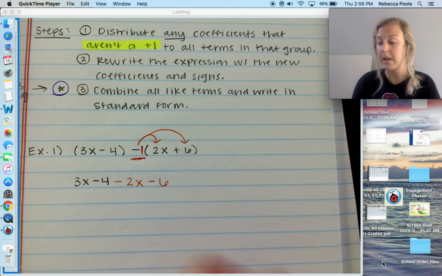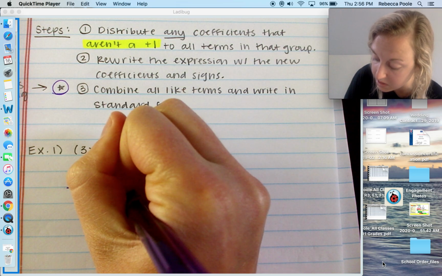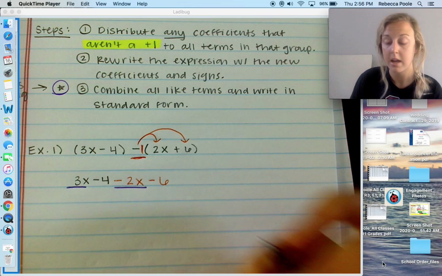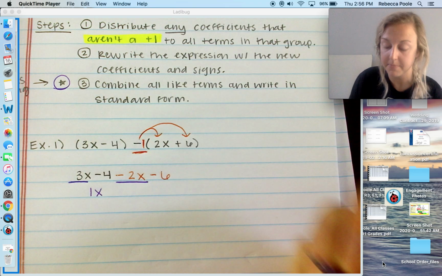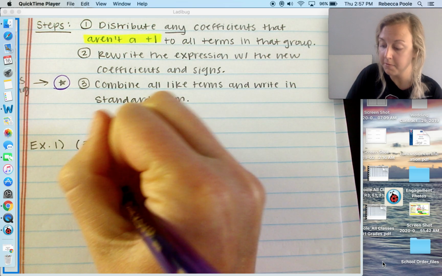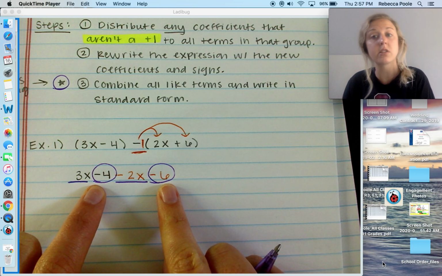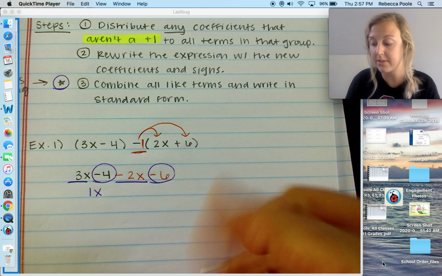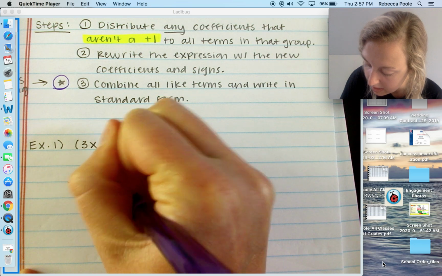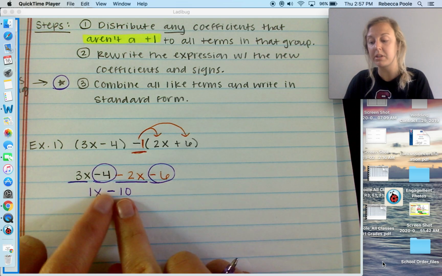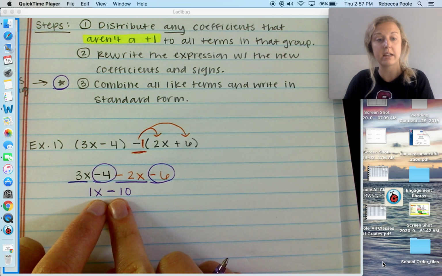okay? So my like terms right here, 3x minus 2x, that's going to give me 1x, right? And then negative 4 minus 6. They have the same sign, so that means I can add them. So that's going to be a negative 10. 4 plus 6 gives me 10, and it was negative. Okay?